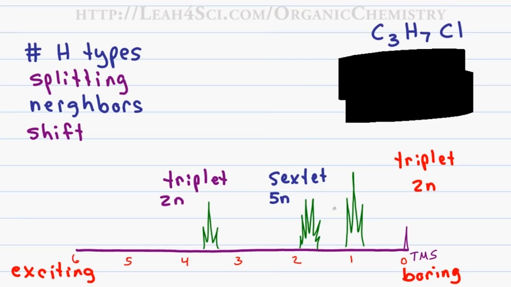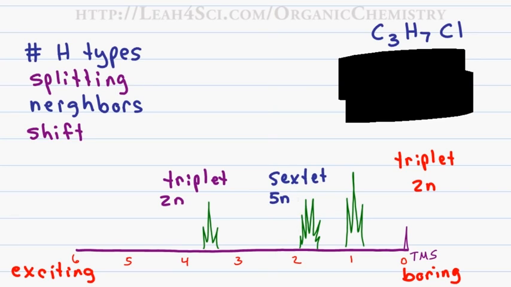If we look at each peak and determine how many neighbors it has, we can then reverse what we have to see which hydrogens belong where. If both triplets have 2 neighbors and the sextet has 5 neighbors, then we can assume that the middle peak is responsible for the 2 hydrogens which are neighboring both triplets.